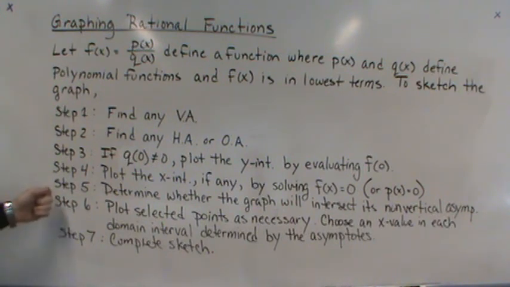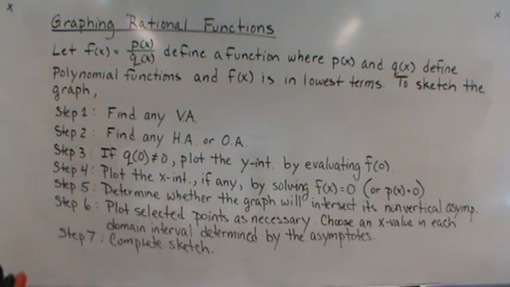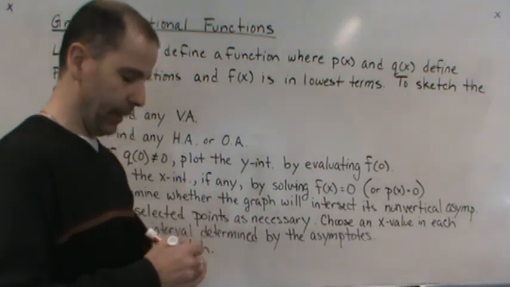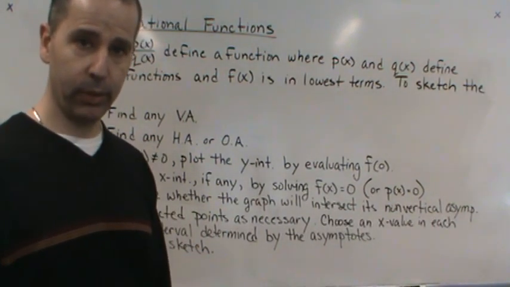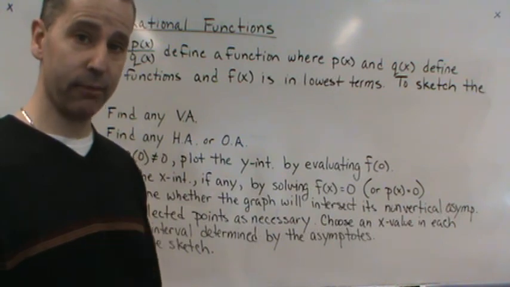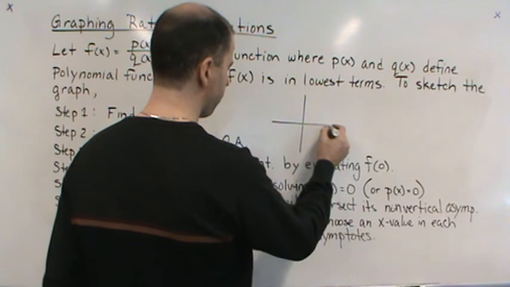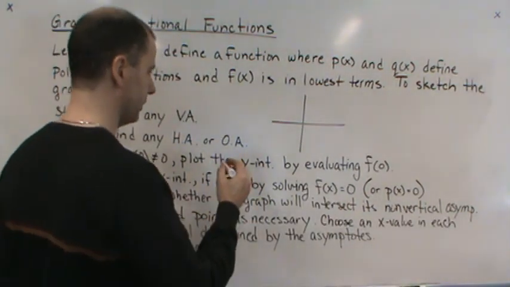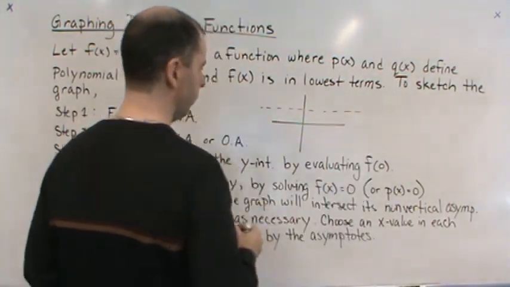And then step 5 is we want to determine whether the graph is going to intersect any non-vertical asymptotes. What does that mean? Well, a graph will never cross a vertical asymptote, but it may cross a non-vertical asymptote. So for example, if I have a graph that has a horizontal asymptote, let's say it does this.